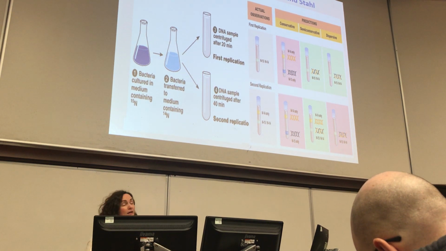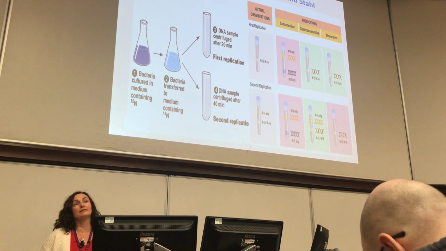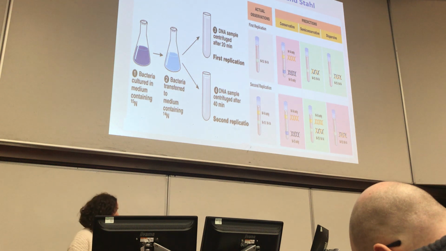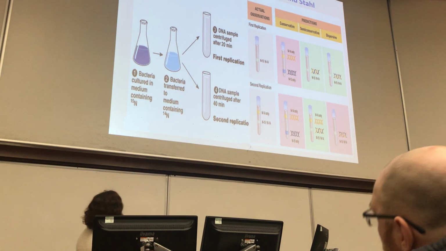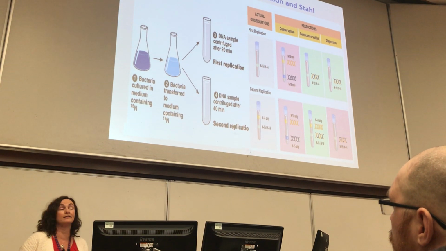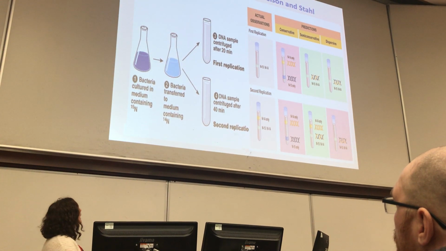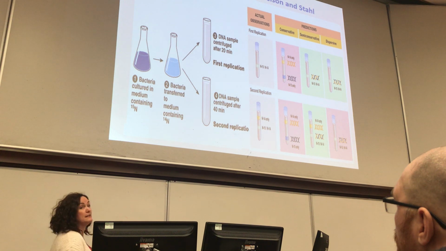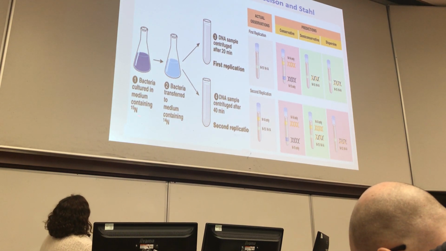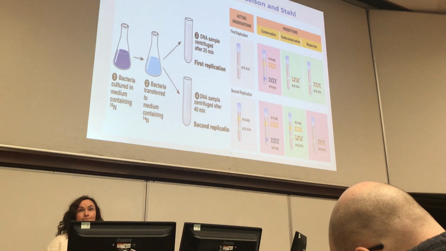And nitrogen exists in two forms. It exists in a light form, which is the most common form of nitrogen, and it also exists in a rare, heavy form called 15N. Okay, so there's the two forms of nitrogen: heavy nitrogen and light nitrogen.